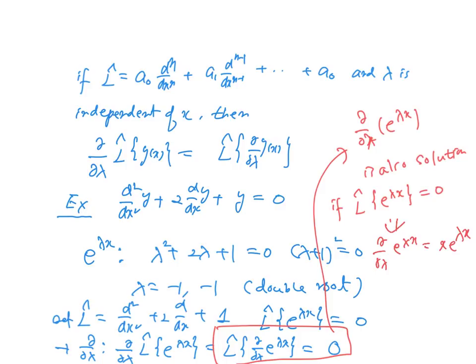Using this operator property, you can see that the partial derivative of exponential lambda x by lambda is also a solution because this is 0, right? The differential equation is actually this. This is a differential equation. So that means x exponential lambda x is a solution. Then in the same way, that is also a solution.